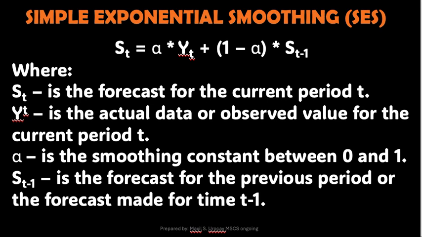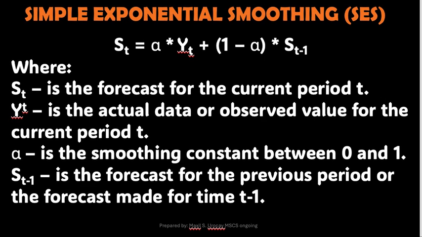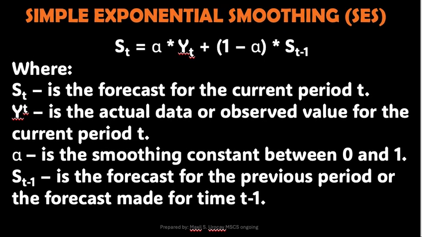And alpha is the smoothing constant between 0 and 1. S t minus 1 is the forecast for the previous period, or the forecast made for time t minus 1, as I have stated. So alpha controls how much weight is given to the most recent observation. When alpha is closer to 1, more weight is given to the most recent observation, y of t.